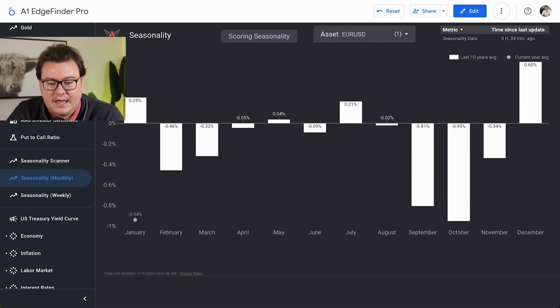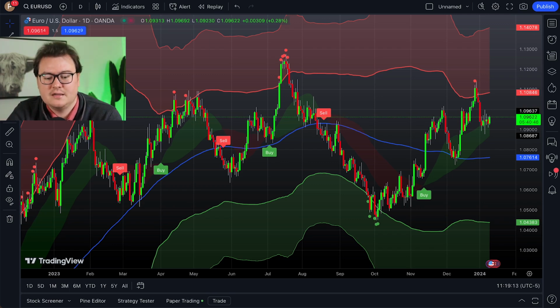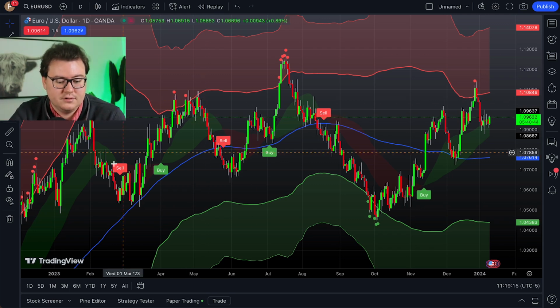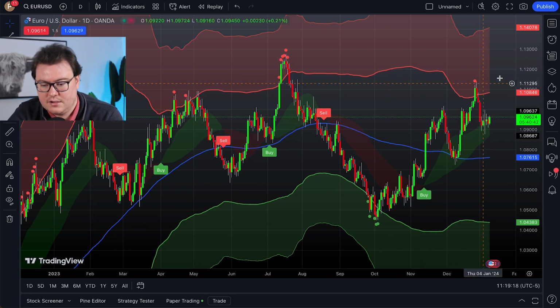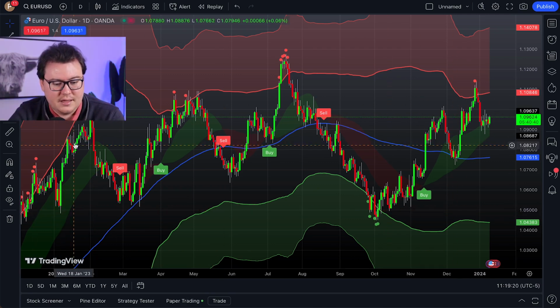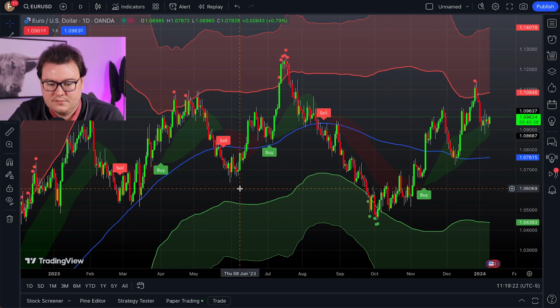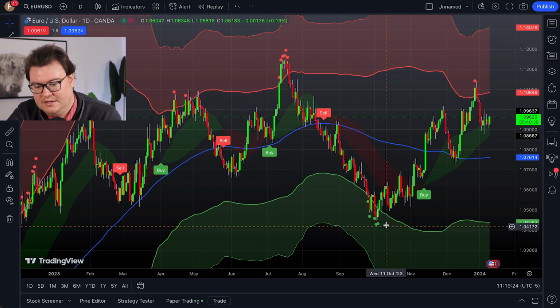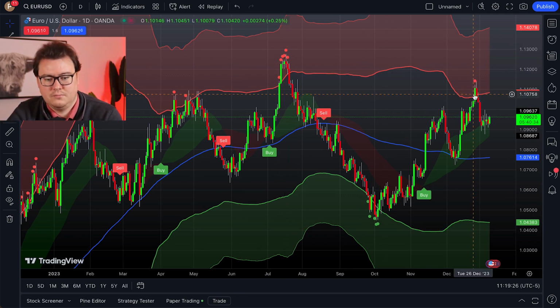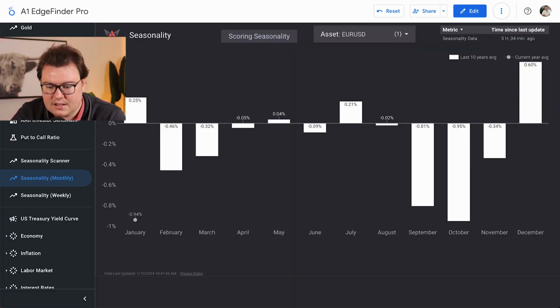Why don't we take a look at the chart? And what do we see? It looks pretty volatile. We can see 2023 here up to the present day, and we have up, down, big down, and up. So why don't we, again, break it down by month?